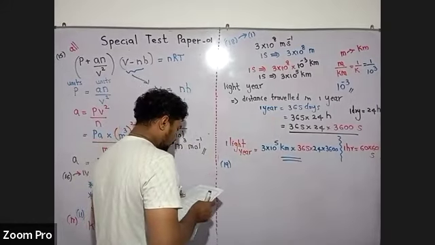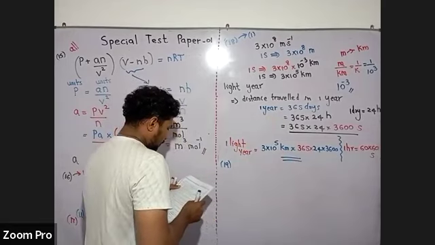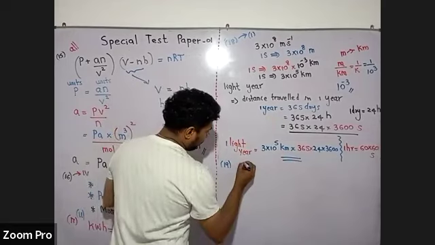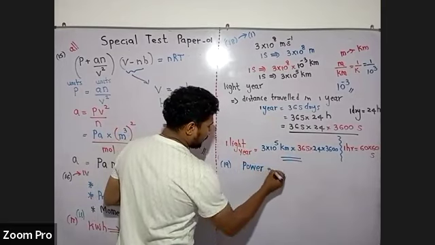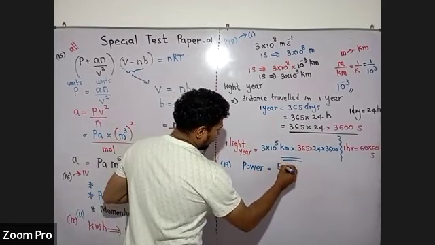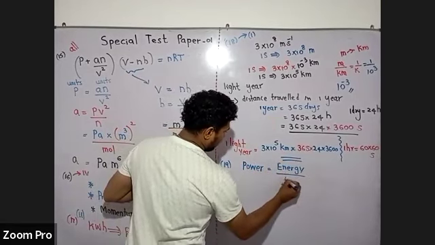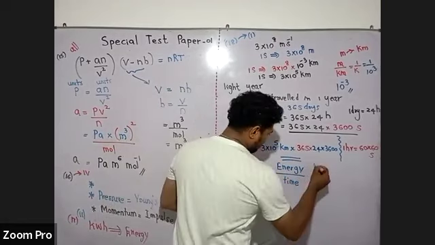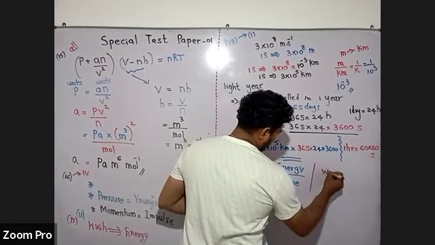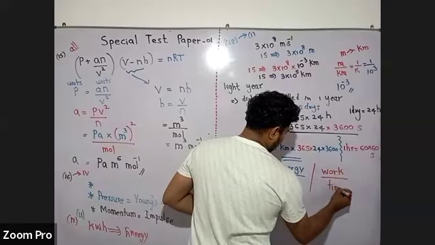Which of the following is equivalent to the unit of power? First of all, you have to remember the equation related to power, that is energy over time, or it can be given as work over time.